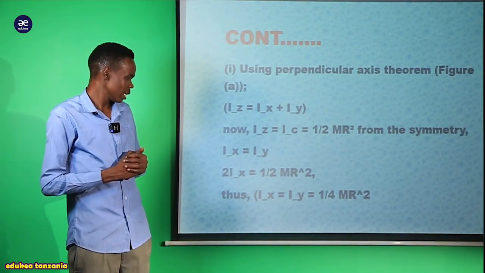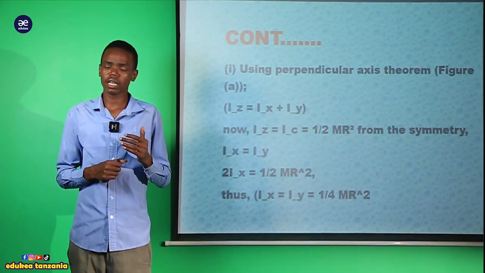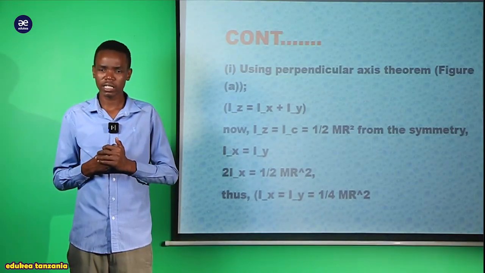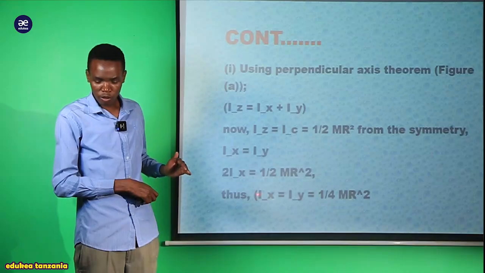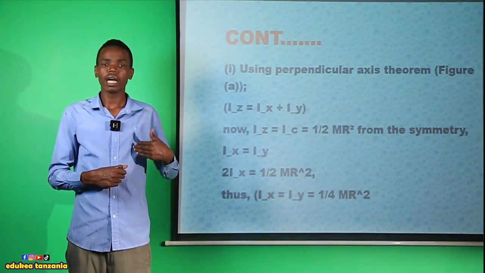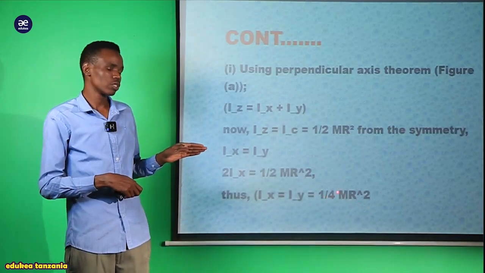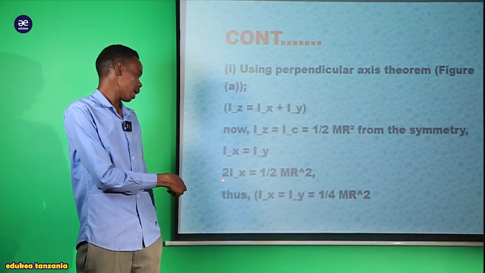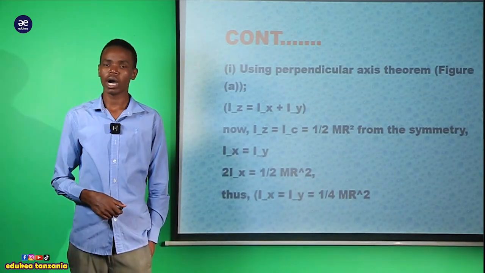But here, we were supposed to make the moment of inertia along the x-axis the subject. If we make it the subject, we obtain that the moment of inertia along the x-axis, which is equal to the moment of inertia along the y-axis, equals half mr square, and we have divided both sides by 2, so it becomes 1 over 4 mr square.